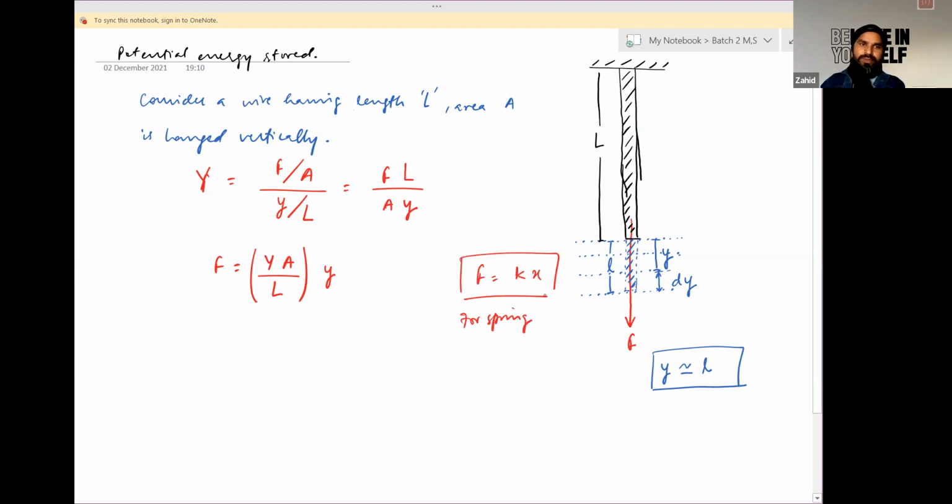If you relate these two equations, you will say K equals Y times A divided by L. This particular term will be called the spring constant or force constant.